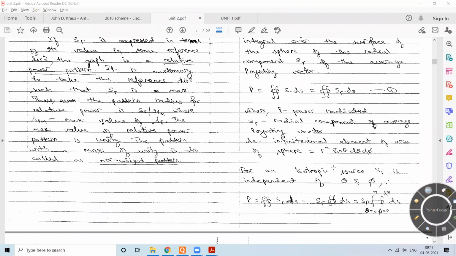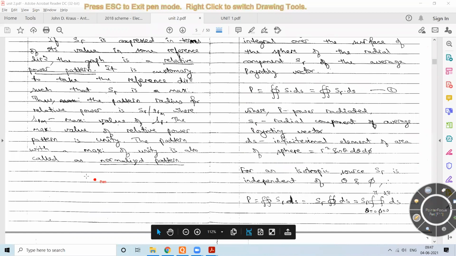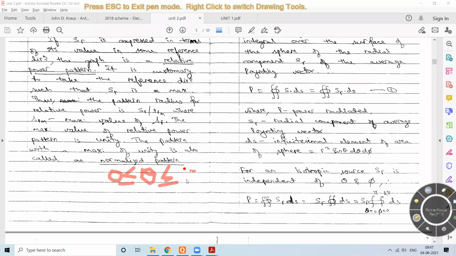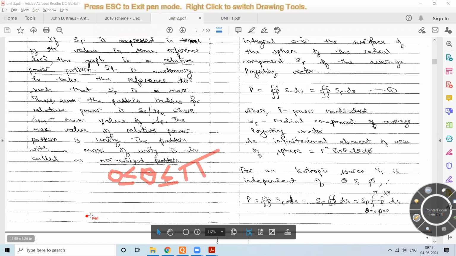Now in this we again have two conditions: if we consider the full sphere and if we consider the half sphere. Remember the range of theta and phi: generally theta is in the range of 0 to pi and phi is in the range of 0 to 2 pi.